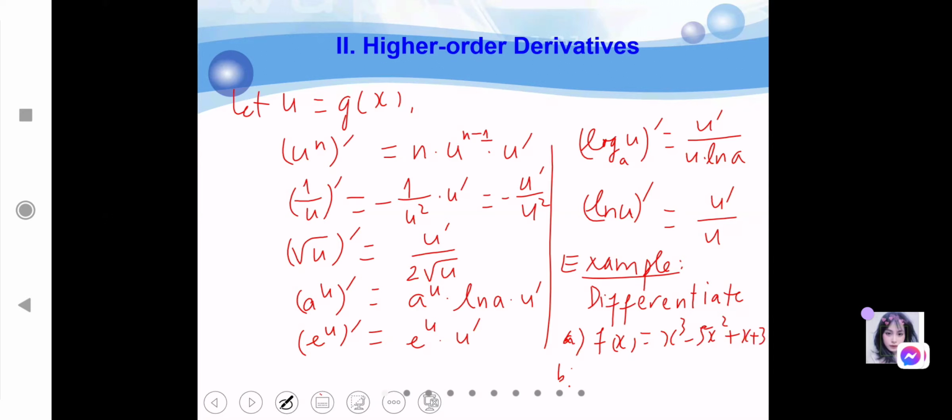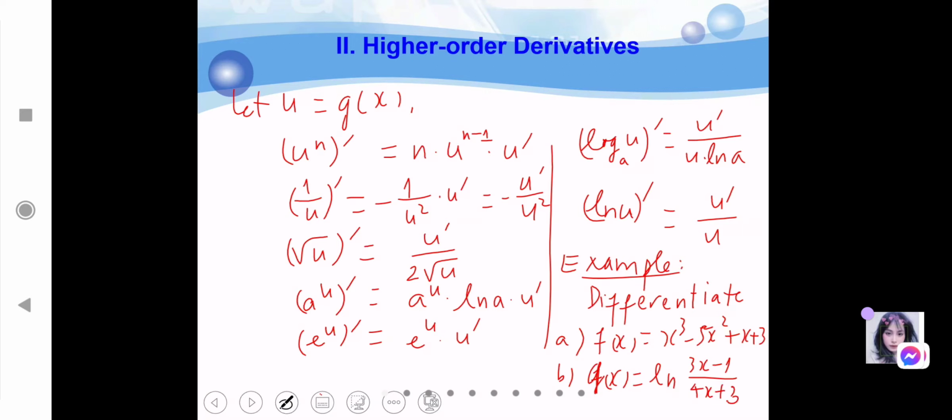And question B, g of x equals natural log of 3x minus 1 over 4x plus 2 plus 3.